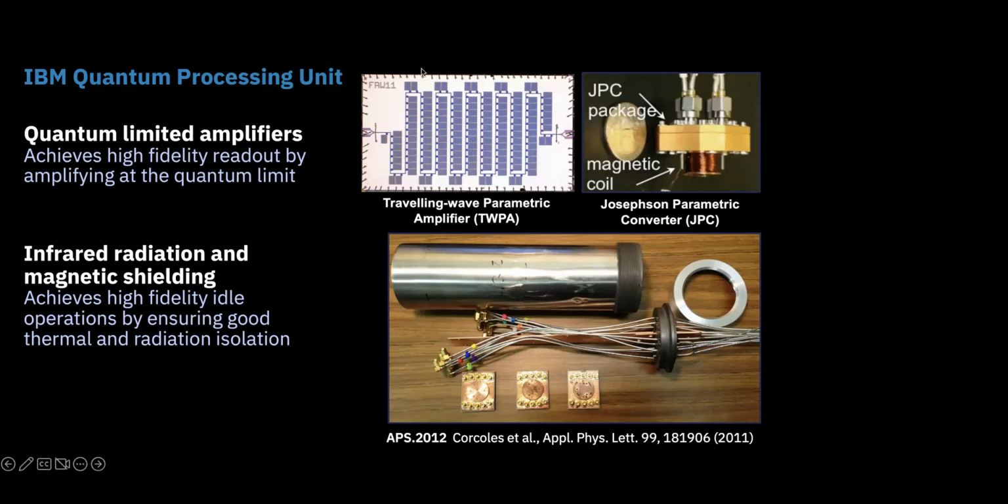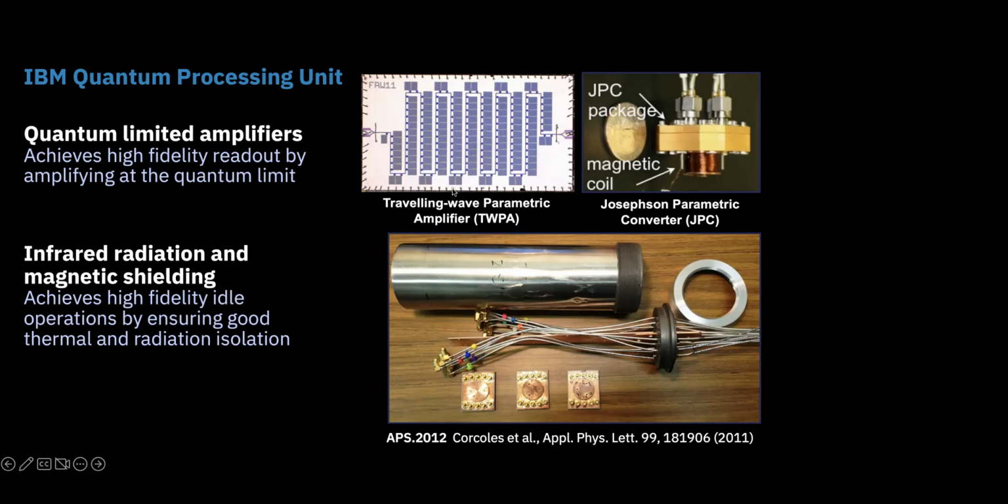And so there's two kinds of quantum limited amplifiers. And when I say quantum limited, I mean they add the minimum amount of noise that's mandated by quantum mechanics, which is half a photon at the readout frequency. And they add about 20 dB of gain. So that's like 100 times the amount of gain, which is a huge amount of gain, especially at 10 millikelvin. And they do it using the nonlinearities in a bunch of Josephson junctions.